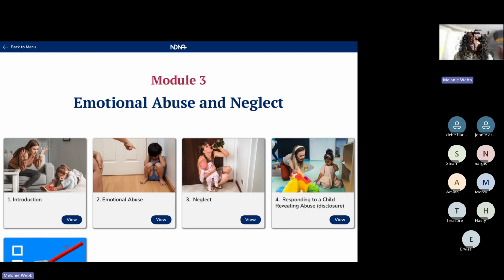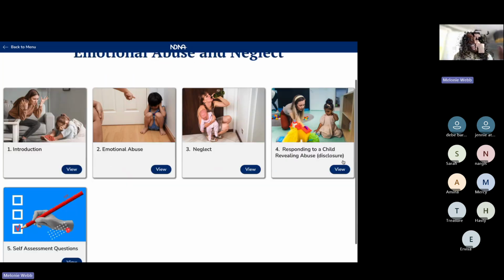Right, we're going to get started because I actually think we might finish a little bit before 2 o'clock today if we play our cards right. So, module 3 is looking at emotional abuse and neglect. There are 5 parts to the module: introduction, emotional abuse, neglect, discussion, and then how you respond to a child's disclosure with the self-assessment.